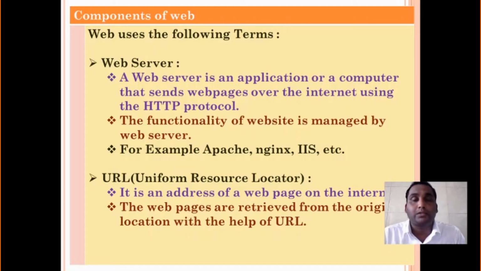No two websites will have the same name and same URL. The web pages are retrieved from the original location with the help of URL. The place where a web page or website is saved, from there a web page is retrieved or taken with the help of URL.